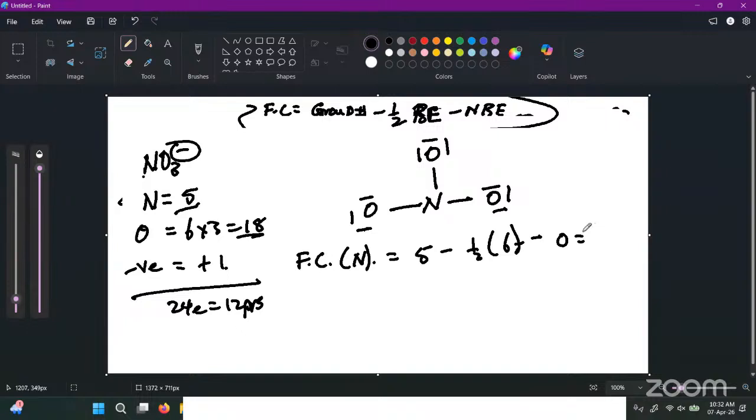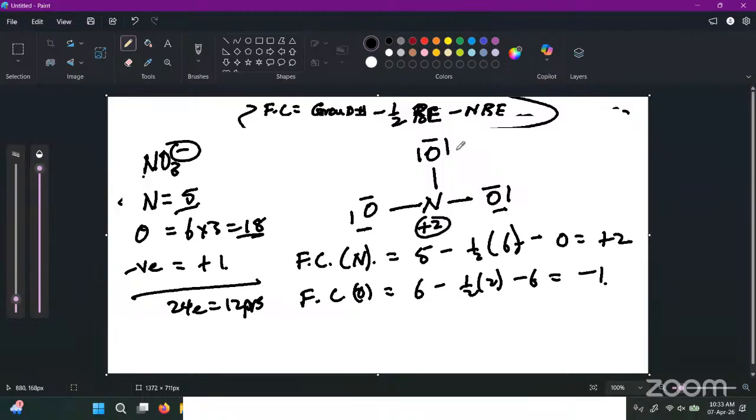So 5 minus half of 6, which is 3, gives you +2. Then we do a similar calculation for oxygen. The group number is 6 minus half of 2 minus 6, and that gives you -1. So the nitrogen here will have a +2 charge, and each oxygen will have a -1 charge.